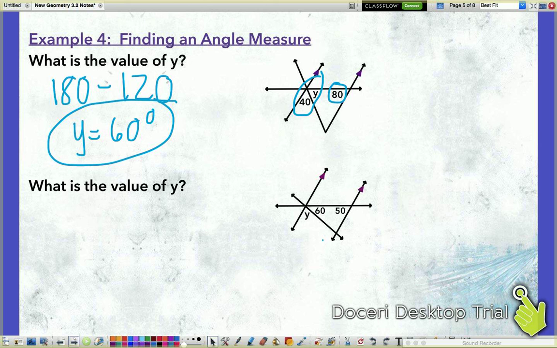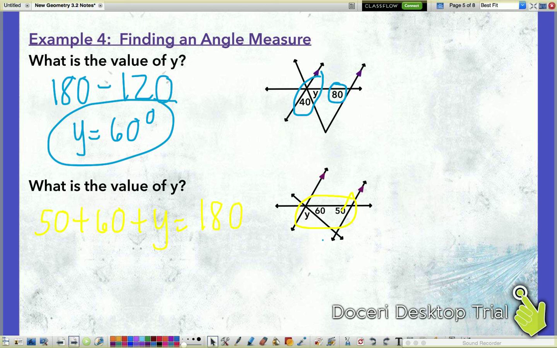Okay, so then same with this. 50 and 60 plus y. So let's look at it like that. Those would be consecutive interior angles, all three together would equal 180.